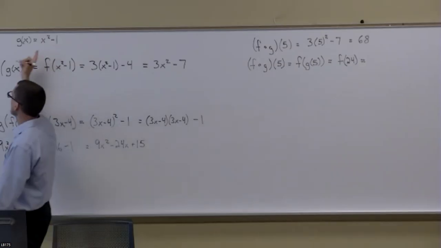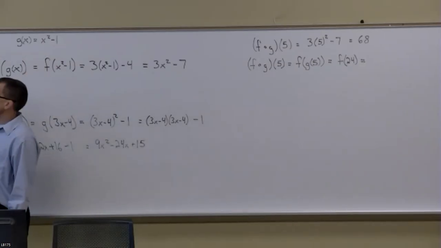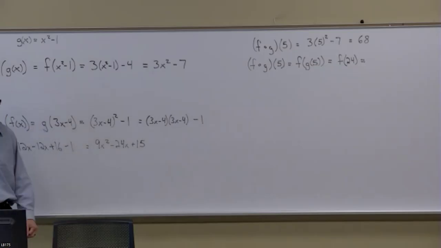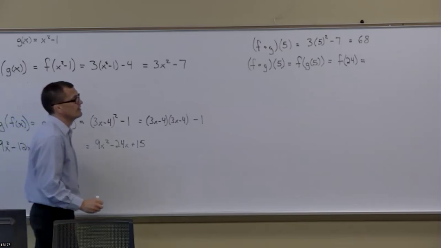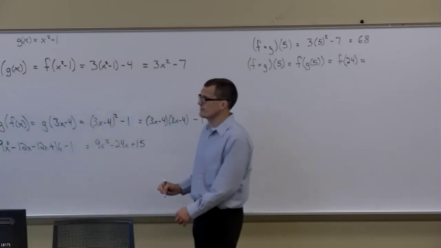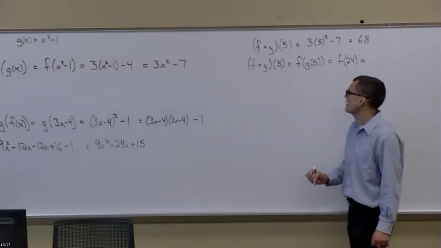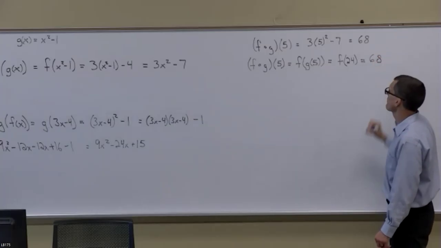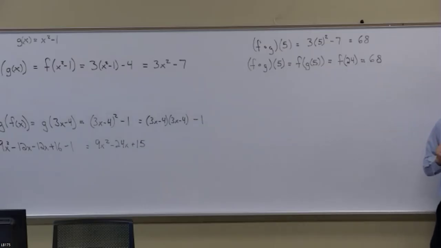And then take that 24 as the output and make it as the input here. So 3 times 24 minus 4. 3 times 24 is 72, minus 4 is 68. Does that make sense? So that's the other option you can utilize. Okay.